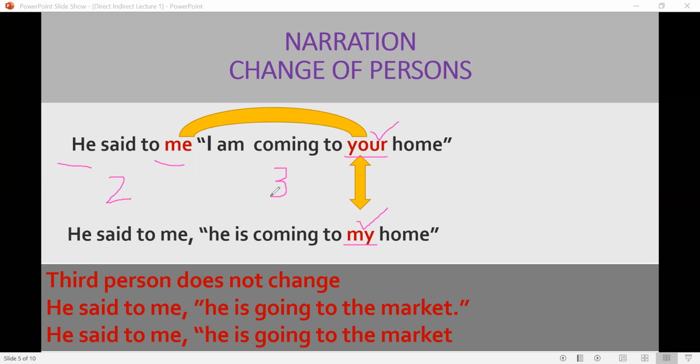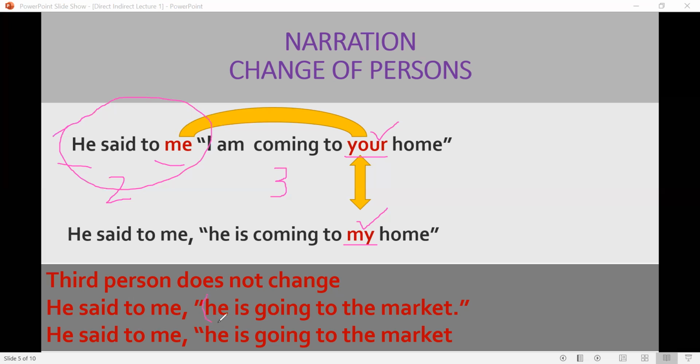First person changes into the subject of the reporting speech, second person changes into the object. We have no third thing in this part of the sentence, so the third person does not change. If the sentence were like this: He said to me, he is going to the market.